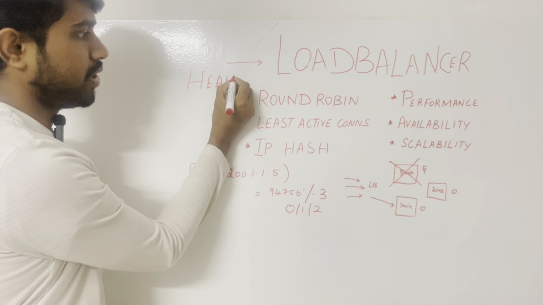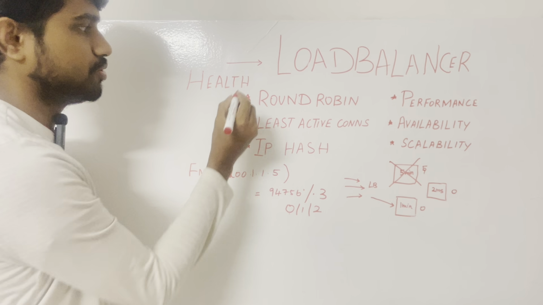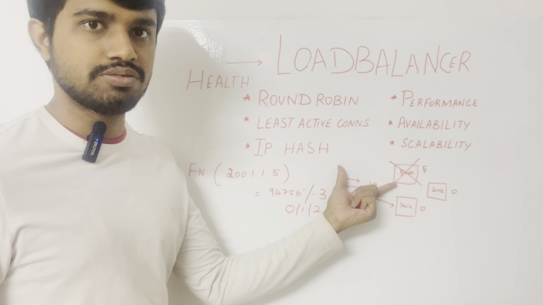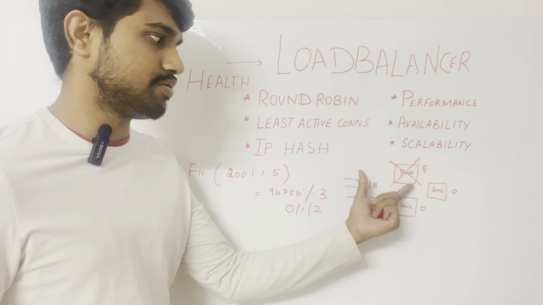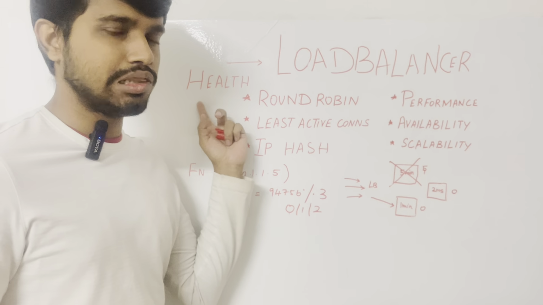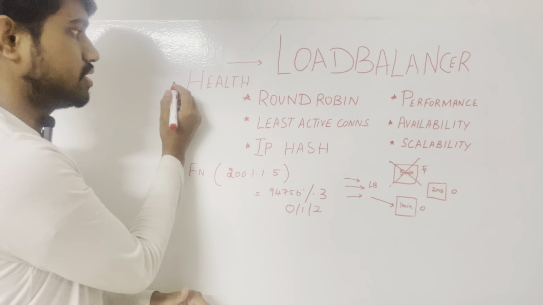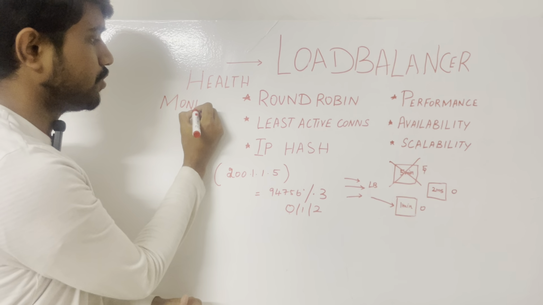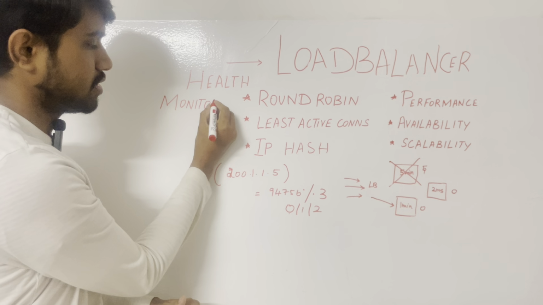This is a very common concept used in computer science. Whenever you are dependent on a particular service, here the load balancer is dependent on a server, you need to know the health of that service so that you can take decisions accordingly. If the load balancer knows the health of the server, it can route the request accordingly. This is called health monitoring. You are monitoring the health of your dependent services.